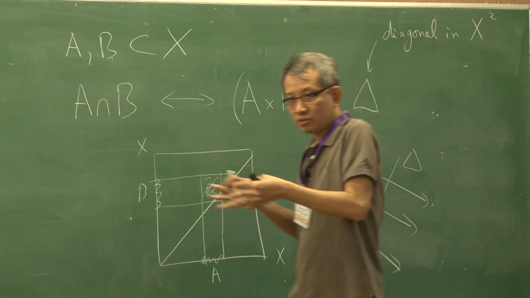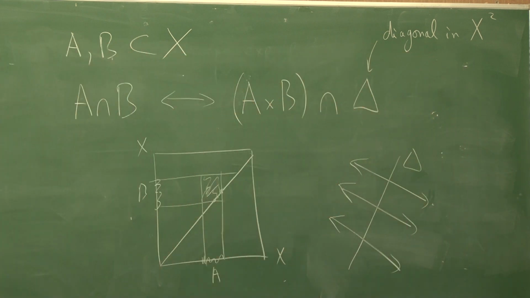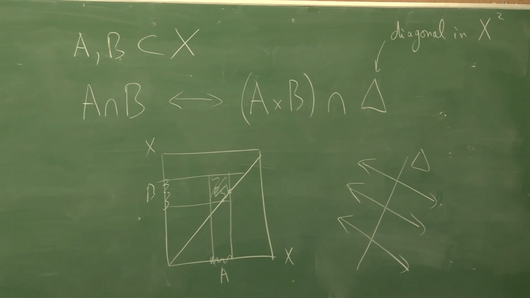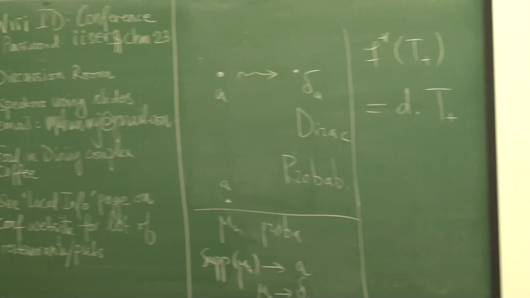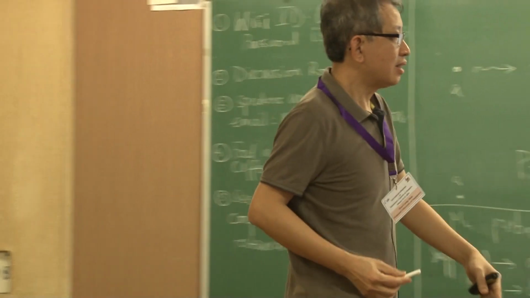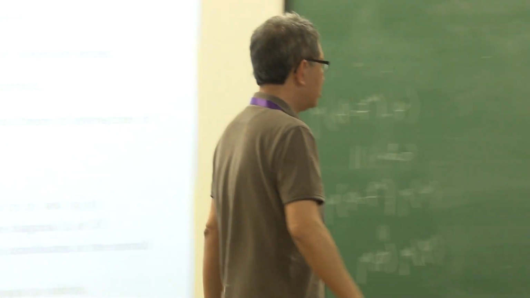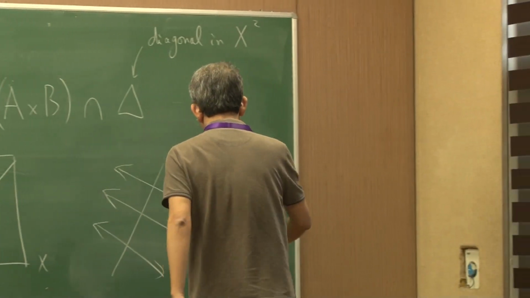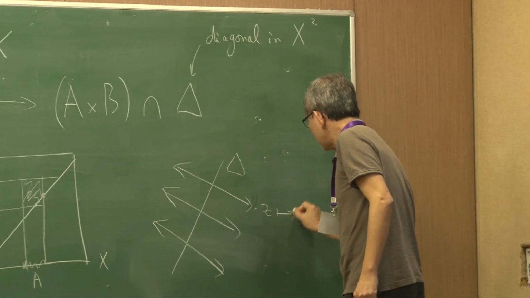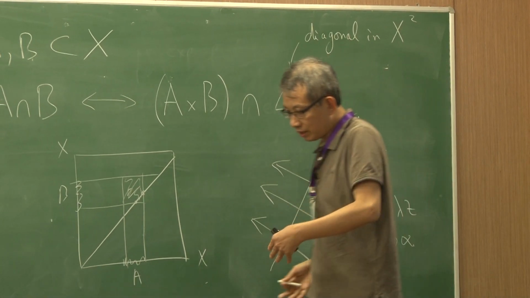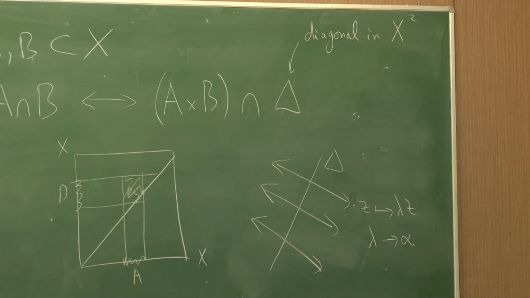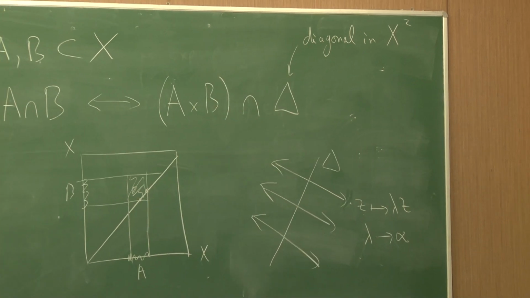So you zoom this in the normal direction, so somehow you see your object more clearly. And then you can take the limit. You dilate it by z maps to lambda z, and you take lambda going to infinity, and you see the limits, and you expect that it's easy to see the intersection.